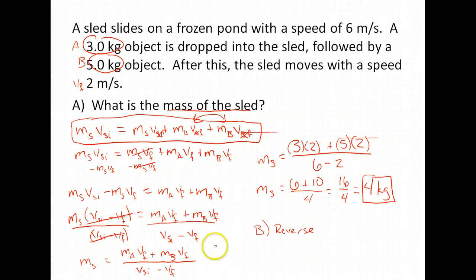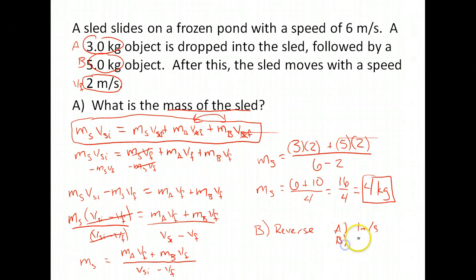And that's actually kind of a question that they'll ask in a multiple choice format. And they'll say, if it's dropped in reverse order, what would be the new final velocity of the sled? And we'd have to look back here at 2 and say, oh, it's still going to be 2. And they might give you answer A, it's going to be 1 meter per second.